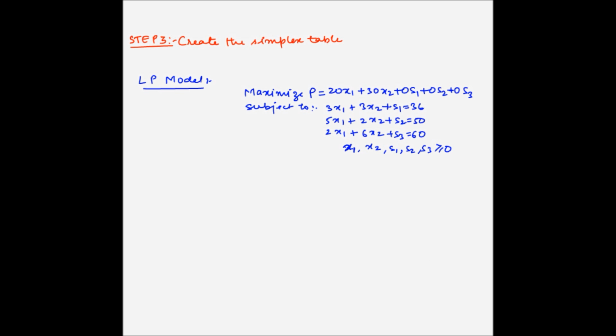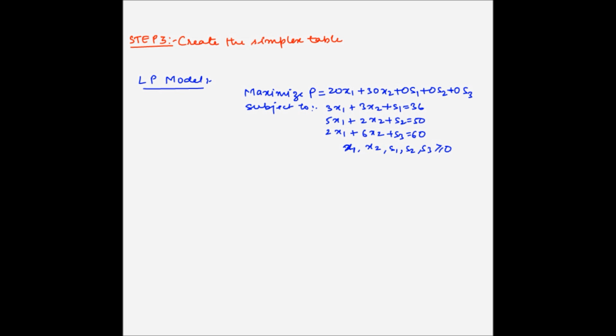So the third step is to create the simplex table. Now the first row of the table is called the objective row. They represent the profit or cost per unit of each variable in the objective function. This is also known as the contribution per unit.